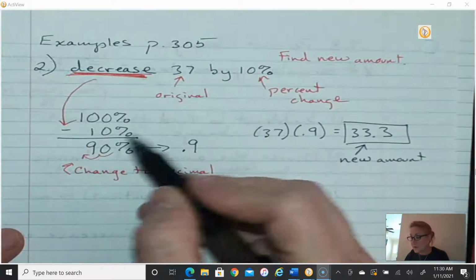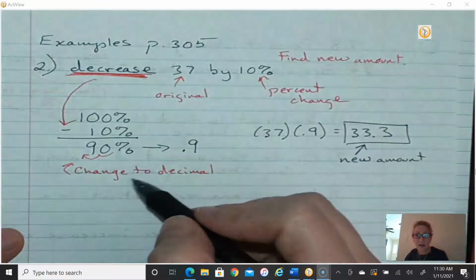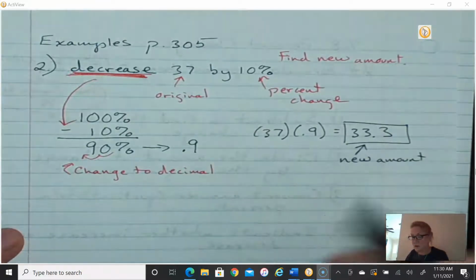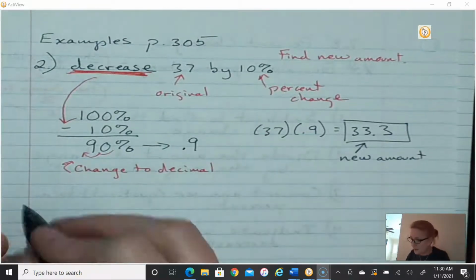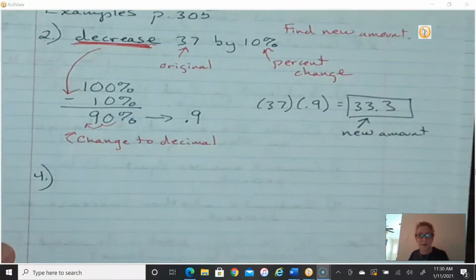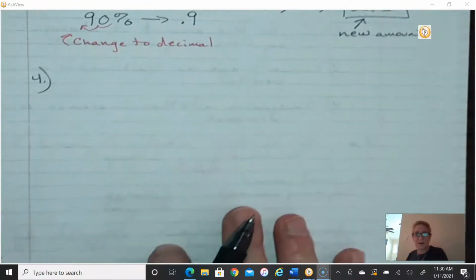You take 10% from 100%, that gives you 90%. Change it to a decimal, and then you multiply it by the original. If you're sitting there like, what? Don't worry. We're about to do another one. Make sure you have that written down. In fact, I'm going to close this up so you can't look back.